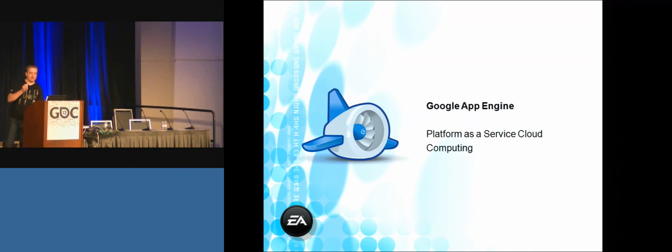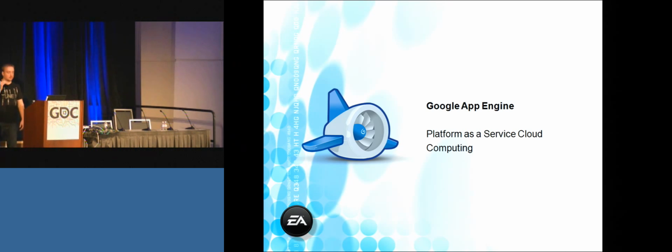It's a platform-as-a-service cloud computing offering. It means that your application will sit on top of a very high-level platform. It's pretty different from an IaaS, infrastructure-as-a-service platform, where you basically have to manage your OS and your software stack. App Engine, as I said, is a high-level platform.